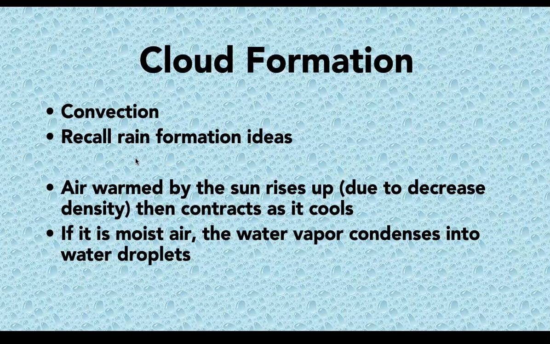That's one of my little stickler things I really want you guys to remember. And then, again, as the cloud droplets get too big, the cloud starts to fall apart. Water falls back down to Earth. This is something we call precipitation. So that's recalling the rain formation ideas that were discussed during the hydrologic cycle, or the water cycle, discussion.